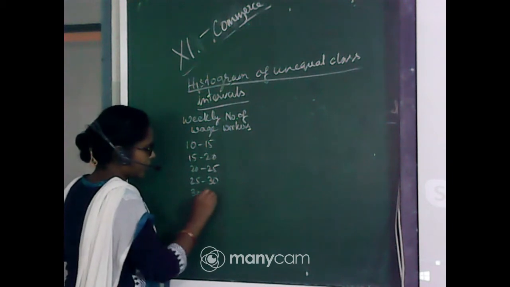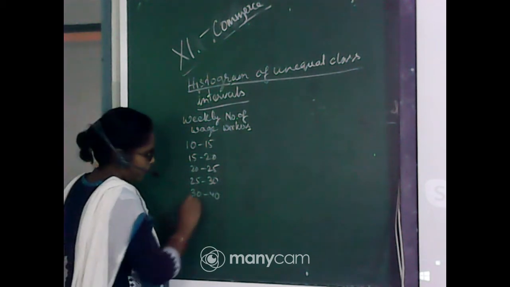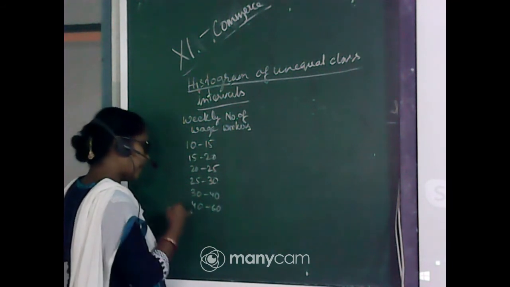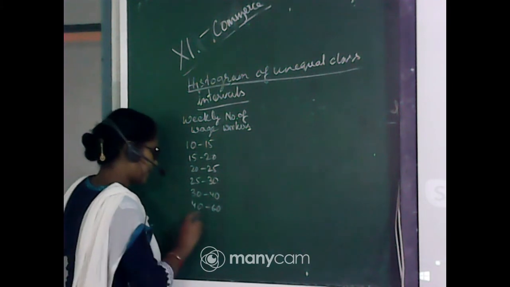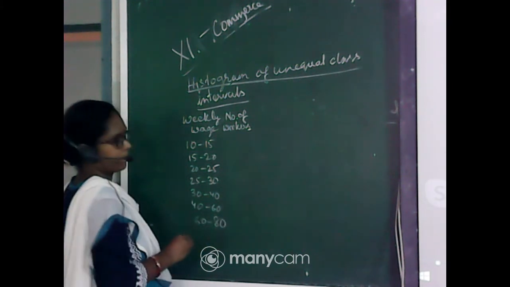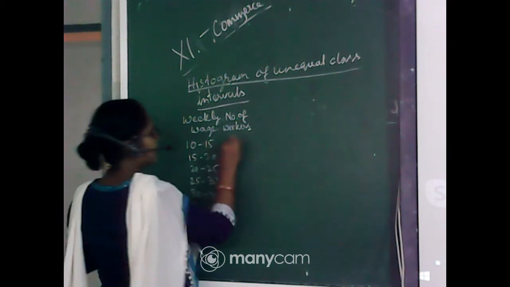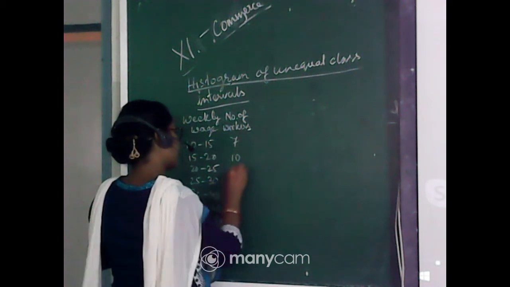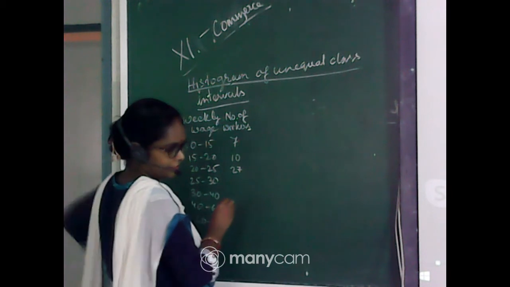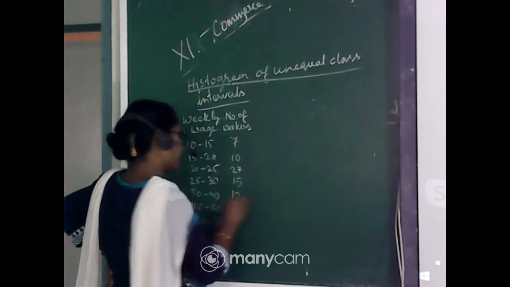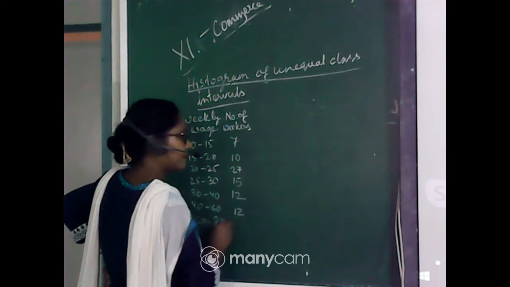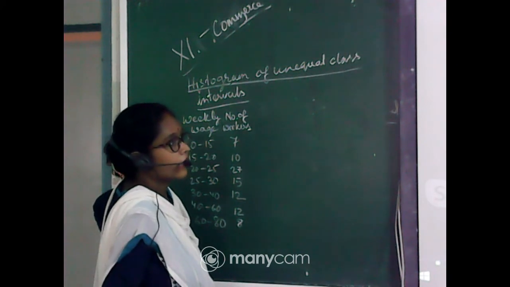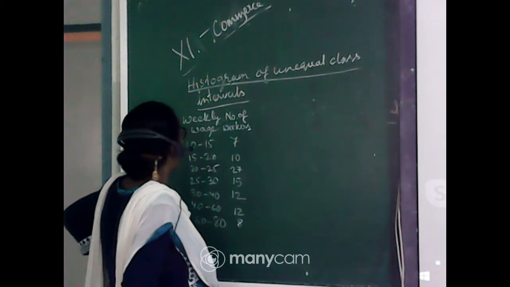Next 30 to 40, 40 to 60. Next class interval is 10, and the next is 20, 60 to 80. Number of workers: 7, 10, 27, 15, 12, 12 and 8. Yes, Debargo, you cannot see the board.